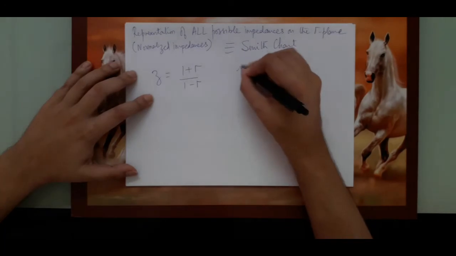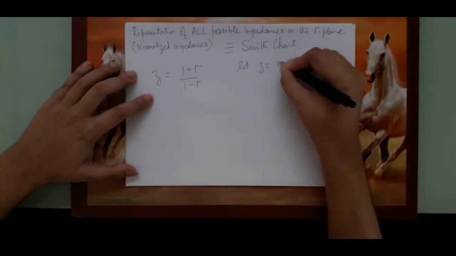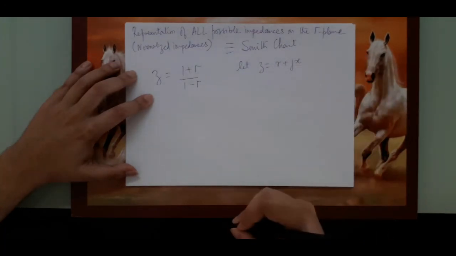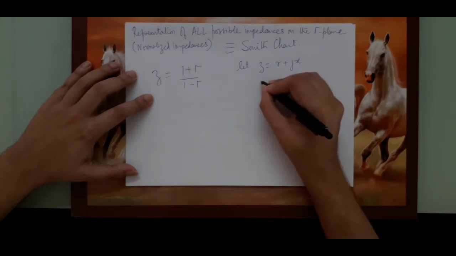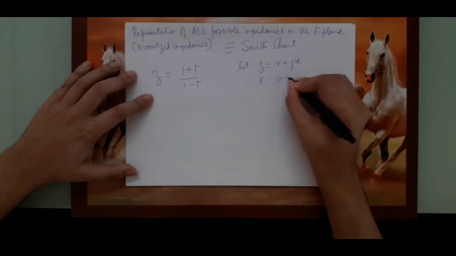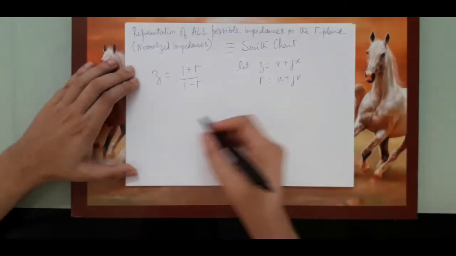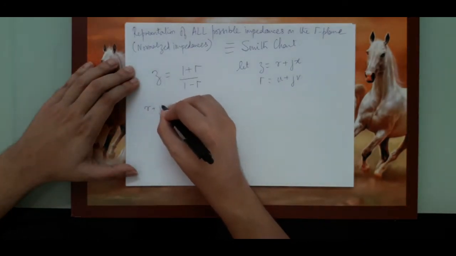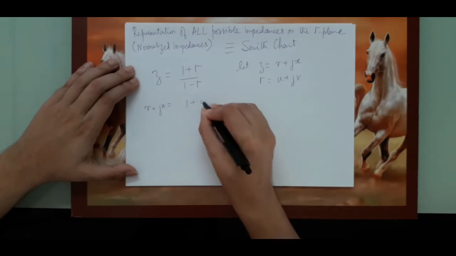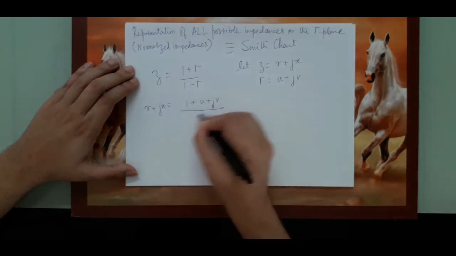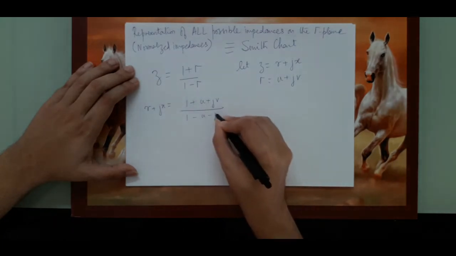So let small z be r plus jx and gamma be u plus jv. So I can write over here r plus jx equals 1 plus u plus jv divided by 1 minus u minus jv.